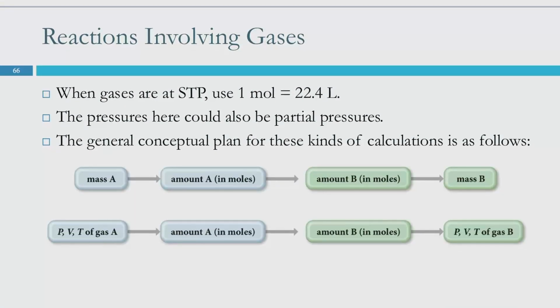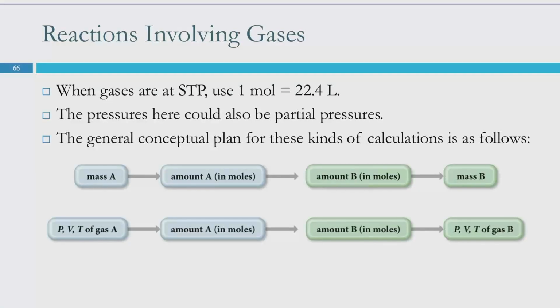So some of our reactions that have gases might look something like this. For a lot of our problems prior to this, our solution map would have been starting with some mass, going to an amount in moles, using our stoichiometry, our balanced chemical reaction, the coefficients, the ratios of those two things, to figure out an amount of some other chemical in moles, and then converting to the mass.